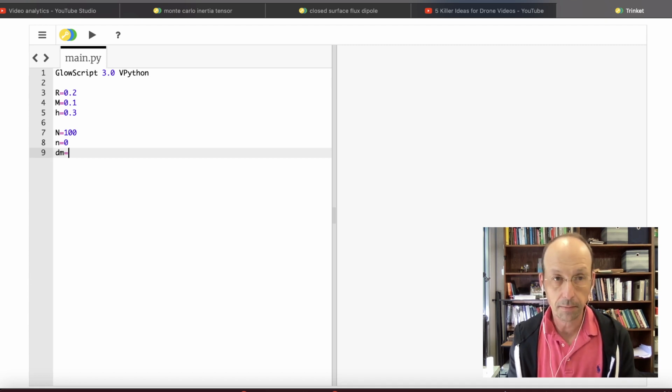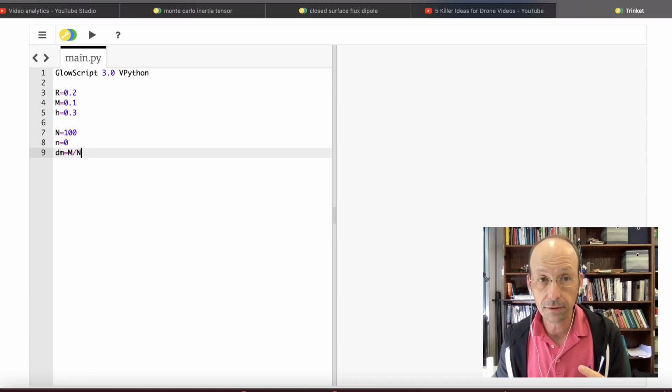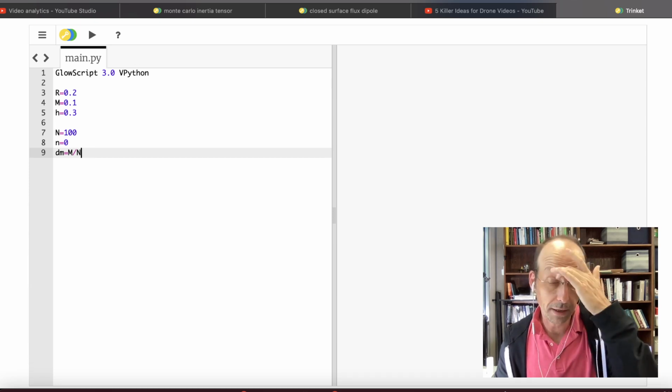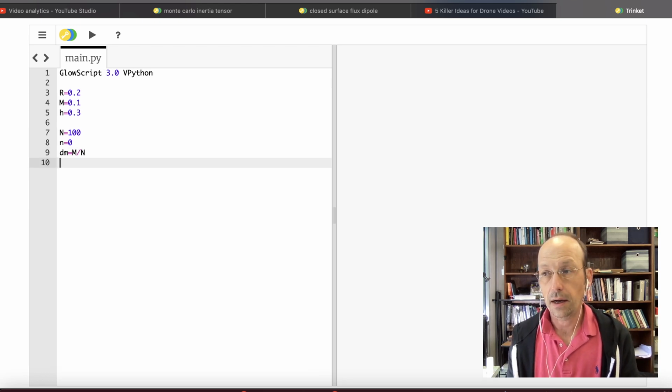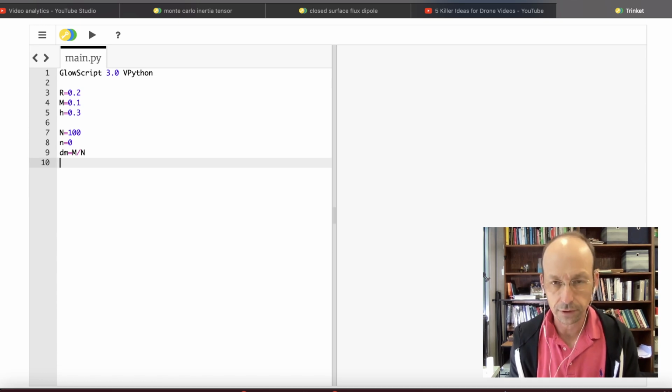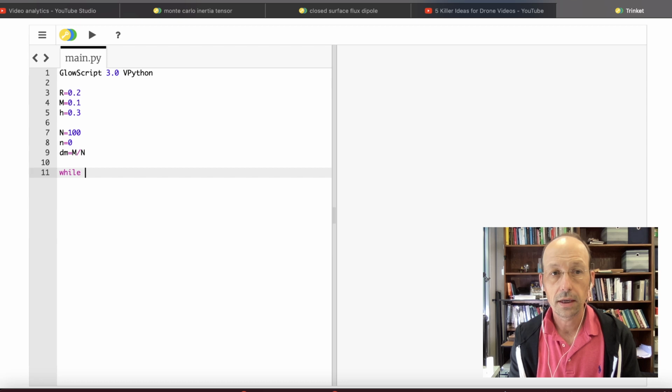Now, the next thing I need to do is find the mass of each individual piece. So let's say dm equals M divided by N, right? Because if I break this into 100 pieces, then each little piece will have a mass of 1/100th times the normal mass. Okay. Now, if I go back to this cone, let's just generate the points first. So I'm going to say while n is less than N, and I'm going to make a temporary vector. r temp equals vector.